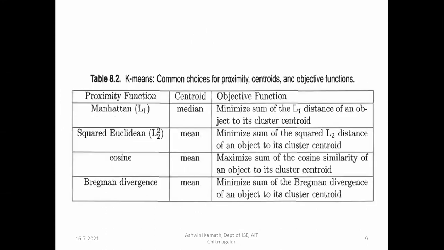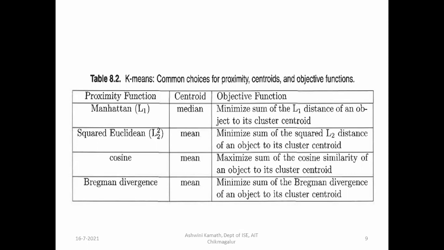So these are the common choices for proximity measure, centroids and objective functions. The first proximity function is Manhattan, L1, and the centroid will be the median. Median means the value which is mostly used.